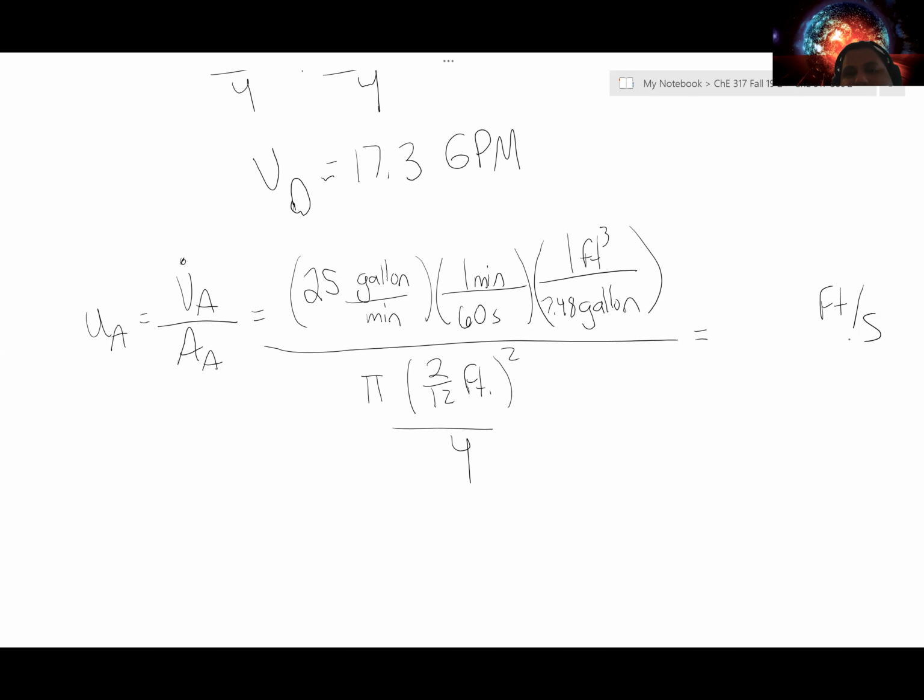So what does this come out to be? Yeah, about 2.55 feet per second.